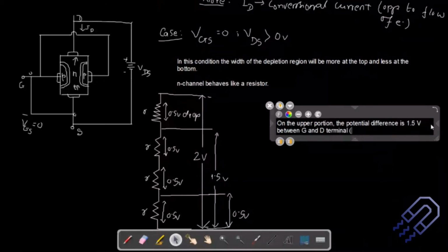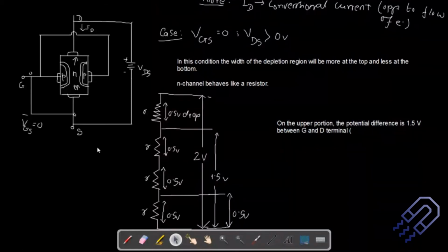That means the potential is more at the upper part if we try to relate it with this particular point. Up to this point maybe it's 2 volt, and then as soon as it comes to this particular point the potential becomes 1.5 volt. If we come somewhere here, the value might be around 0.5 volt.